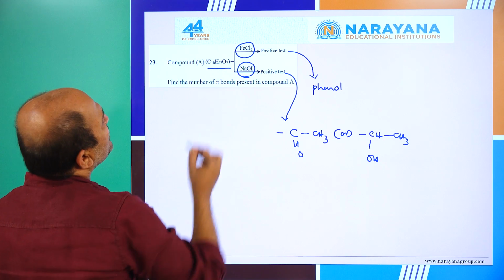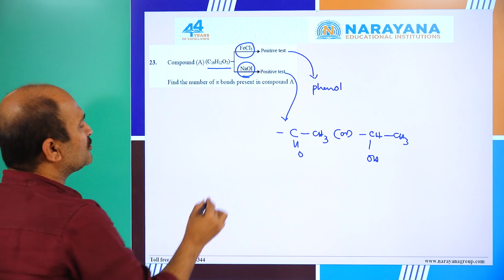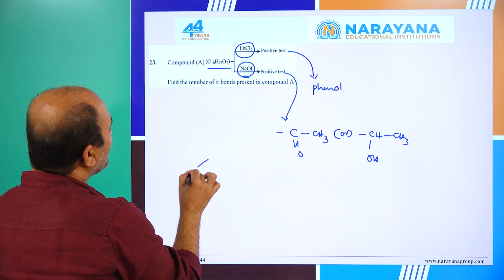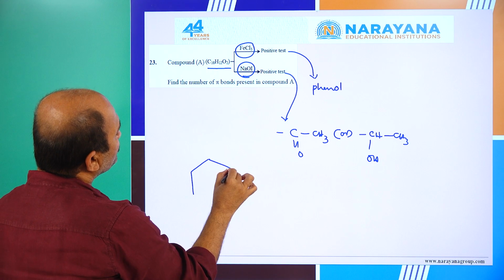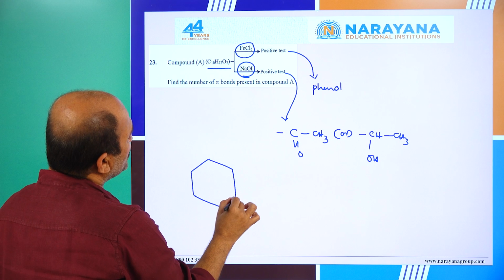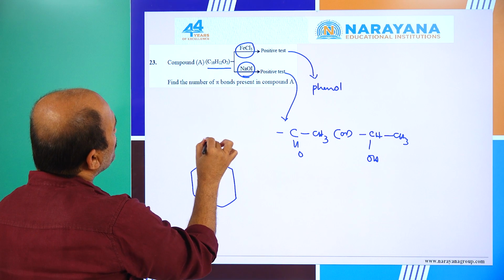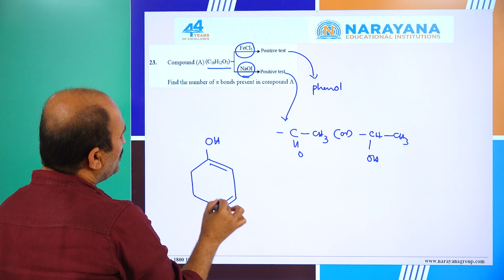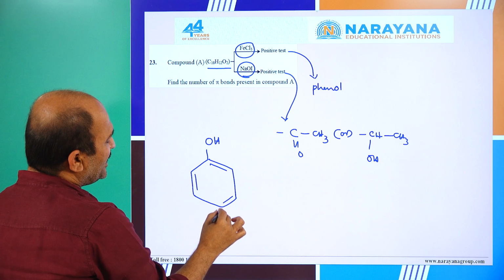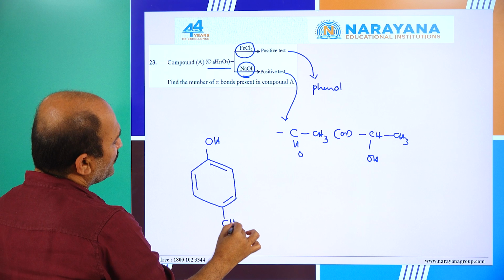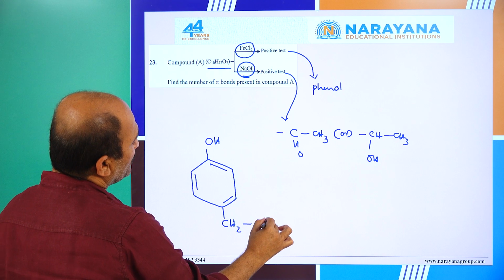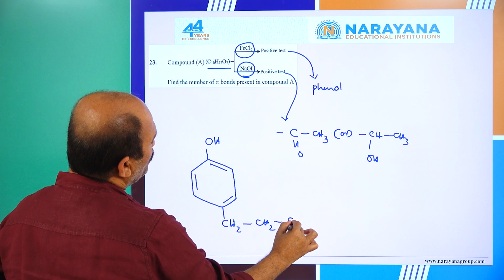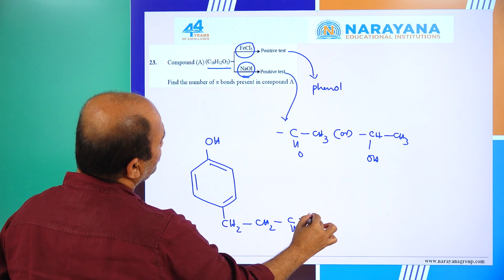The molecular formula given is C10H12O2. So for that we will write one structure with this combination of atoms. Here the OH, phenol is there, and double bonds. You can write anywhere CH2, C double bond O, CH3.